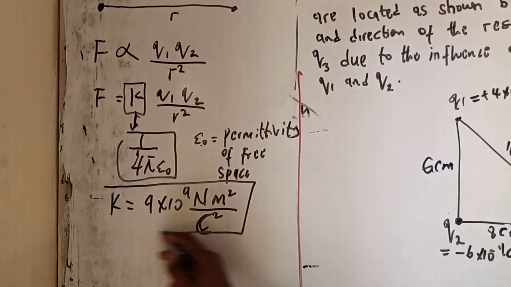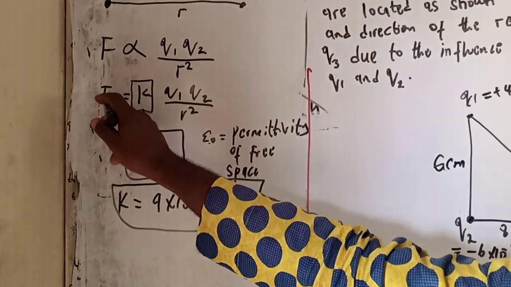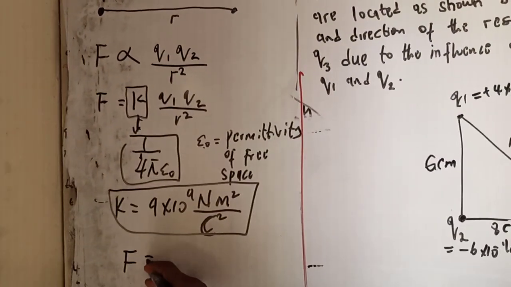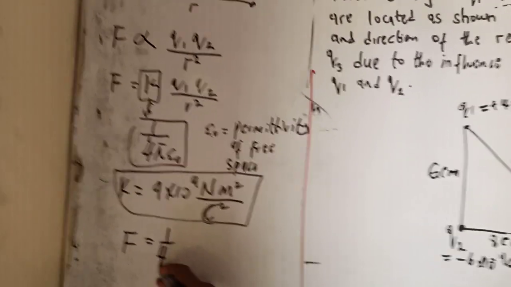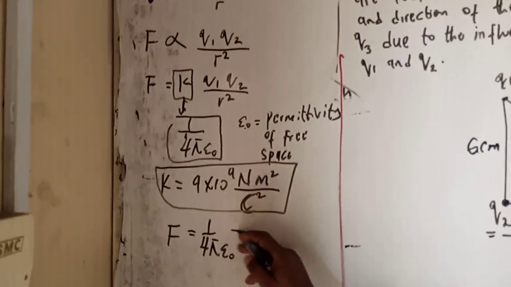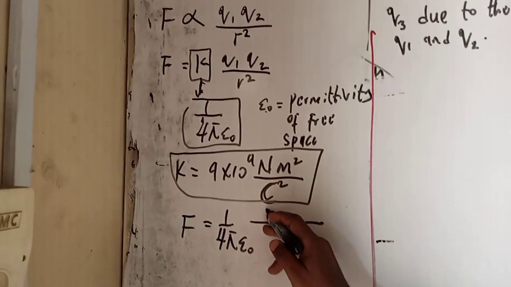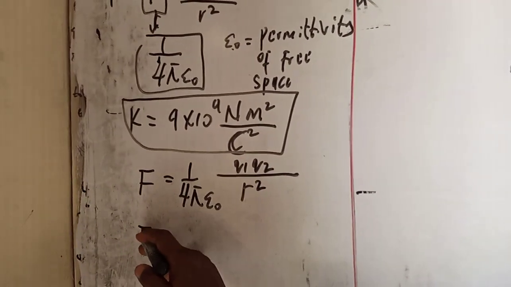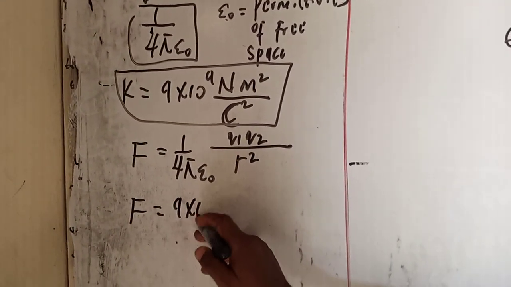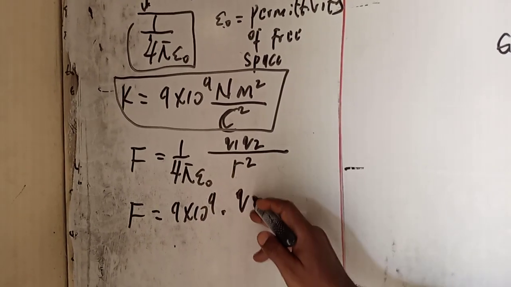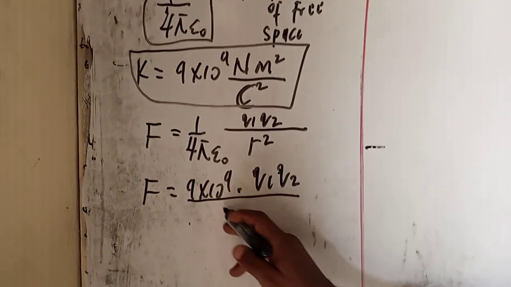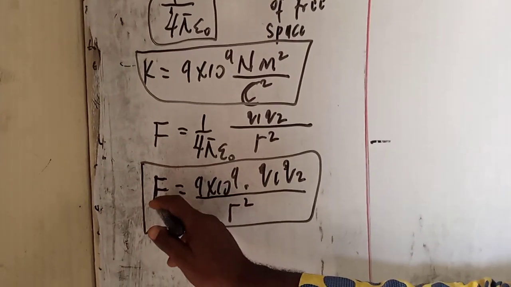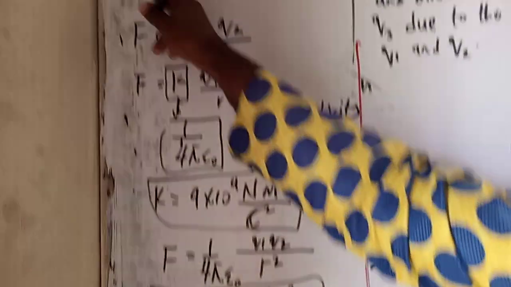So this is the value for the K. So in a nutshell, the force of attraction or repulsion between charges Q1 and Q2 can be written as F is equal to 1 all over 4 pi E naught, then times Q1 Q2, then divided by r square. Or we can also write it as 9 times 10 raised to power 9 times the product of the two charges divided by r square. So this particular expression is the force of attraction or repulsion between 2 point charges.